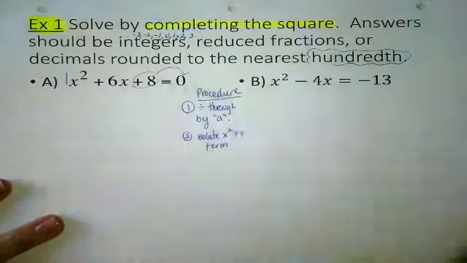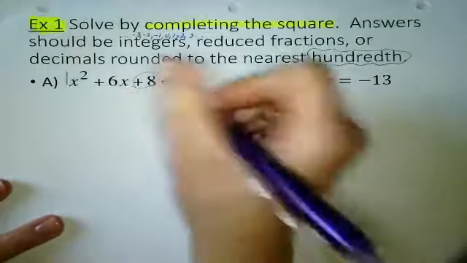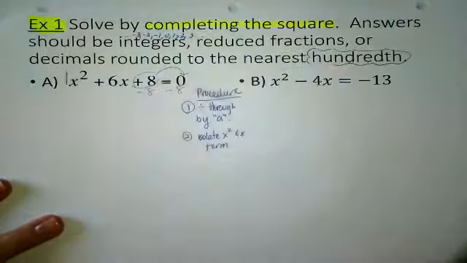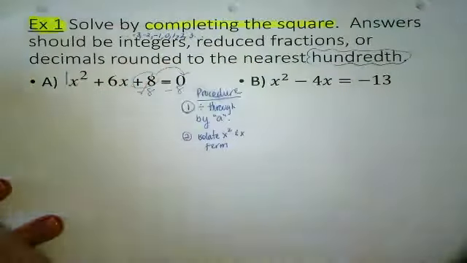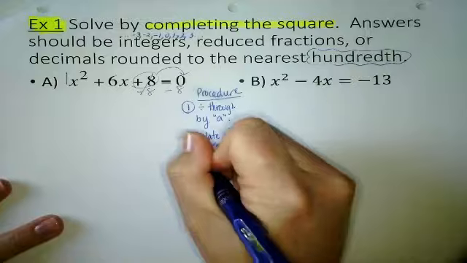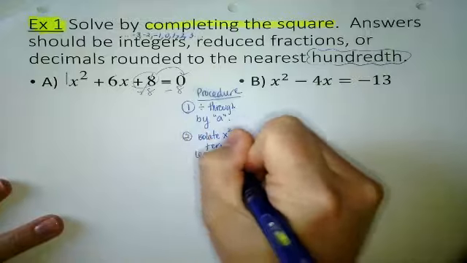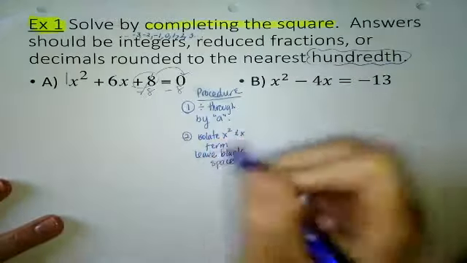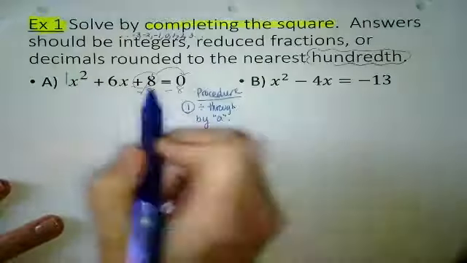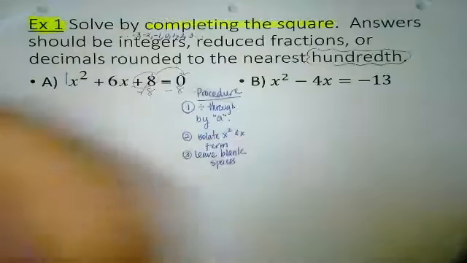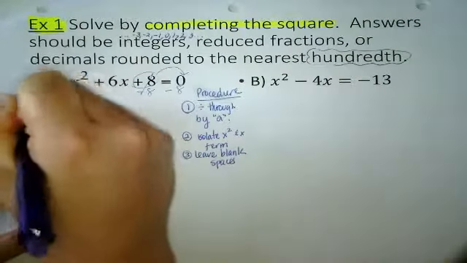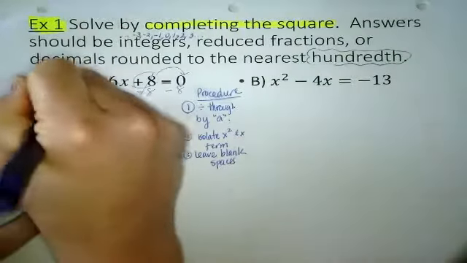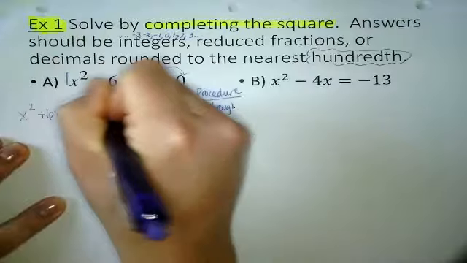In order to move it, I have to change the sign, so I'm going to subtract 8 to move it over. What I'm going to do then is leave a blank space. Okay, so that's the third step. I've moved my 8 to the other side, so I have x squared plus 6x equals -8.